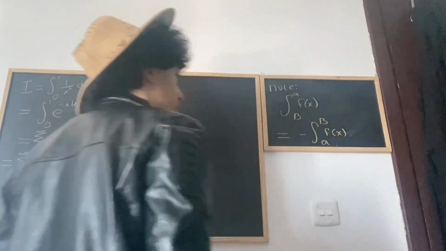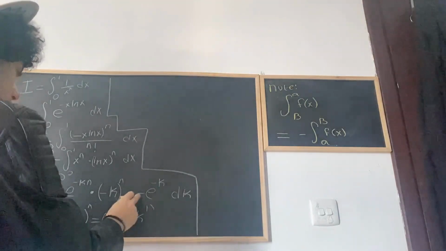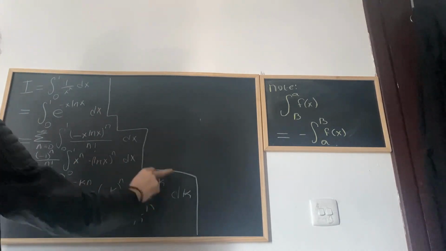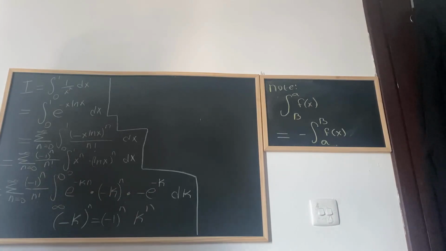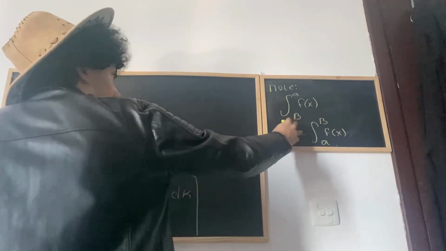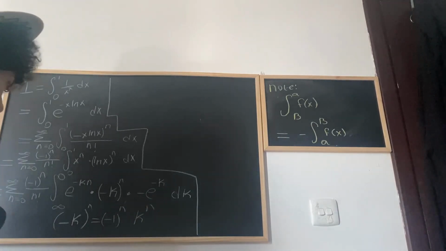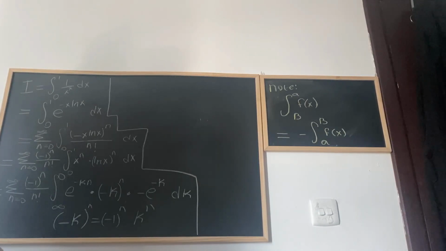This is a basic integration rule that we know. This negative next to the e can come outside of the integral, meaning we have the negative integral of f of x being this expression, meaning that this negative, we can get rid of it by flipping the bounds. And flipping the bounds will let us come closer to what we need to get n factorial from the gamma function. Isn't that beautiful? Everything works in harmony.